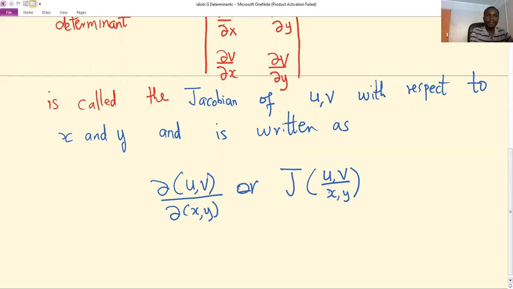So that's how we define the Jacobian of two variables u and v with respect to independent variables x and y.